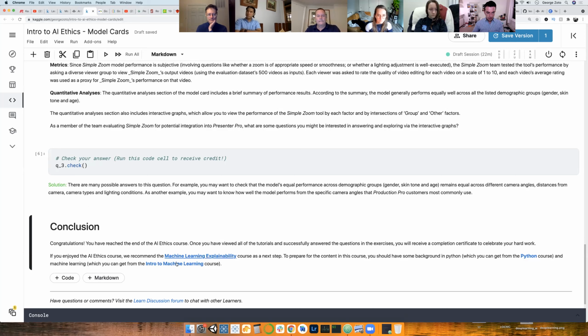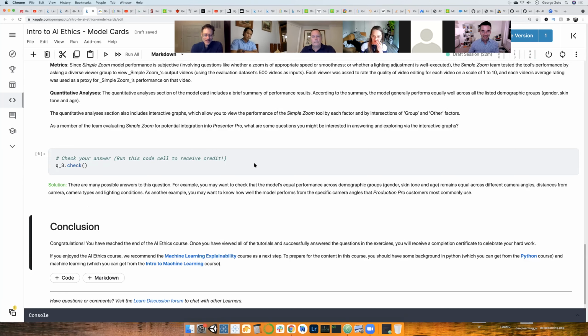This was the exercise. In the end, they recommend taking the machine learning explainability course, which we've taken, as well as this intro to ML for people who are interested in ML, but we've taken both of them in the past. I love how they make this intro to AI ethics course completely non-technical, accessible to non-Python programmers, non-ML backgrounds, and then next recommend, oh, now go learn about SHAP values.